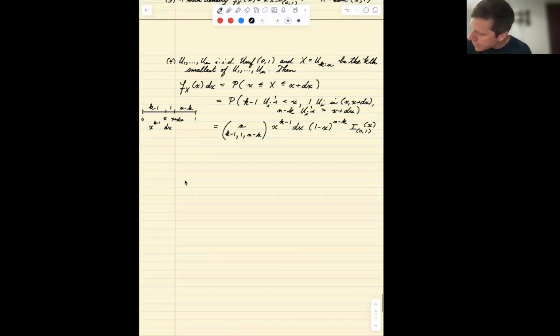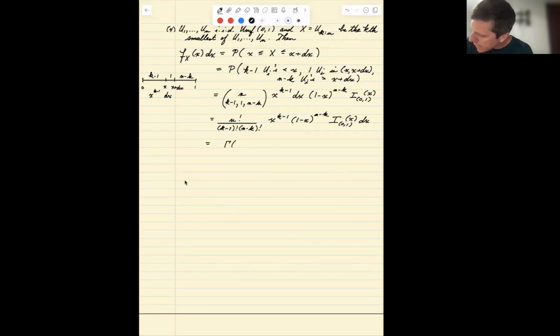Well, if we redo this all, what we're left with is n factorial over (k minus 1) factorial (n minus k) factorial, x to the k minus 1, 1 minus x to the n minus k dx, indicator of (0, 1) of x dx.